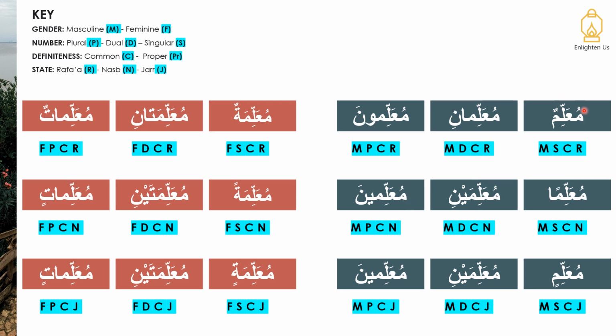So if we take the word mu'allimun, which if you remember from the definition, one of the meanings is to teach. So if we take the ism fa'il as teacher, this side are all the male or masculine rather versions. So this is one teacher, our second column here is the dual, so it's 2 teachers.